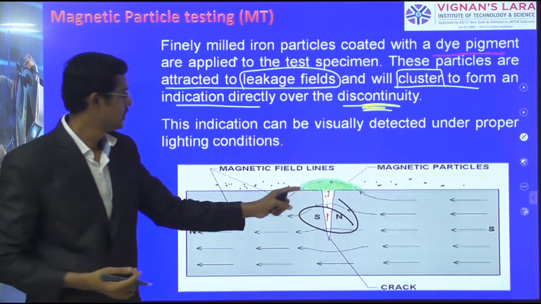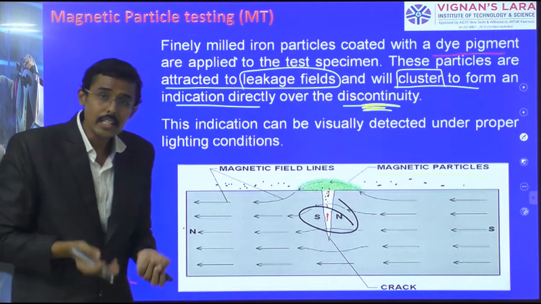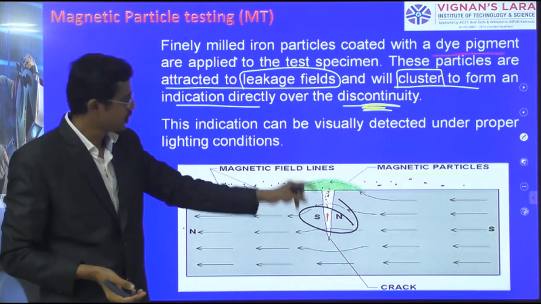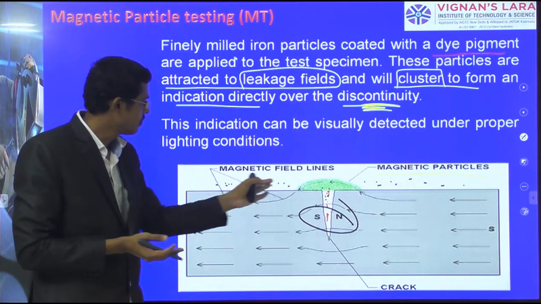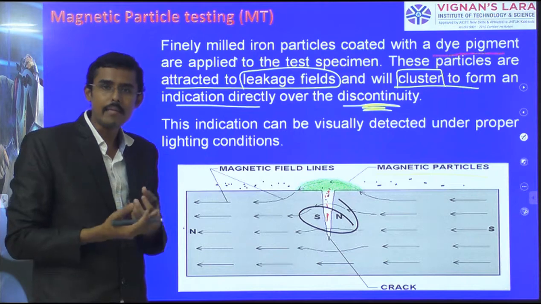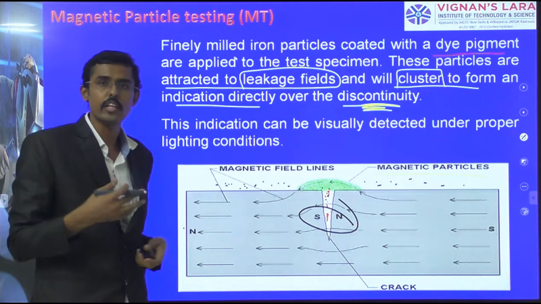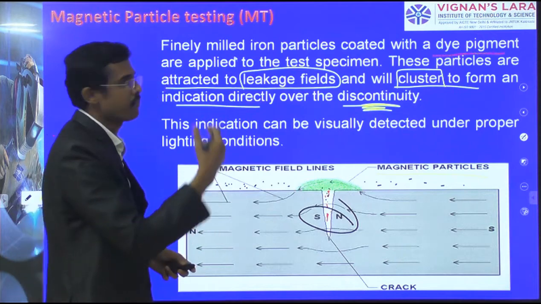Therefore, more iron particles accumulate at this point. Now it is visible because it is colored and accumulated, and it is identifiable. Where there is no defect it is not accumulated, but at the specific point it is accumulated. I identify that the color is more here. Therefore it is easy to identify surface defects, even some subsurface defects also.